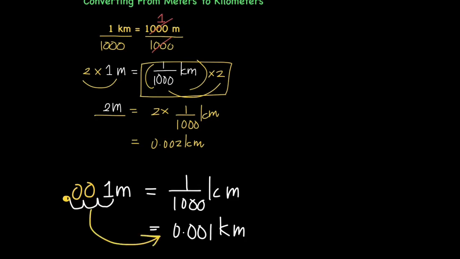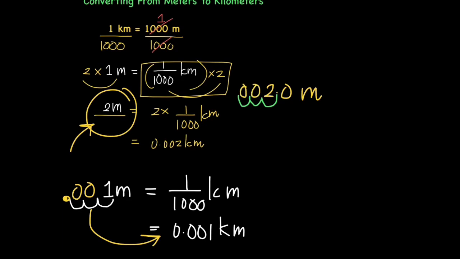And if you take a look at our example here on the 2 meters, think about the 2.0 meters. Since we already know that converting to kilometer means dividing by 1,000, then all we have to do is move the decimal point 3 places to the left. So that adds 2 more zeros, and that makes 0.002 km.